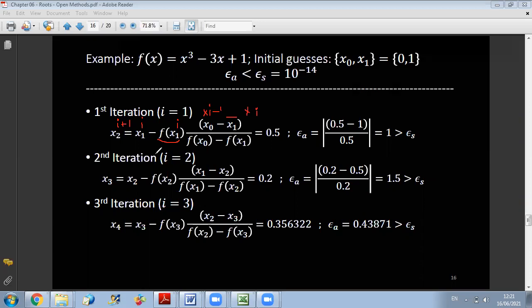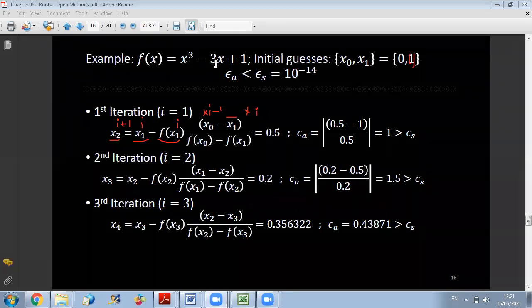So here, x2 will depend on the values at 0 and 1. First, what is x1? x1 is 1. To find f at x1, all you have to do is replace in your function. Your function here is f(x) equal x cubed minus 3x plus 1.